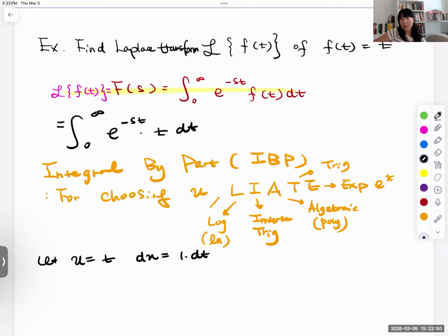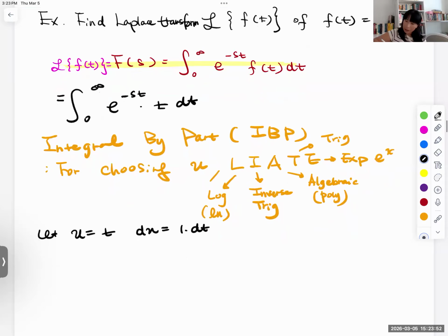What about v? We want v from the integral of dv, so the integral of dv is e to the negative st dt.